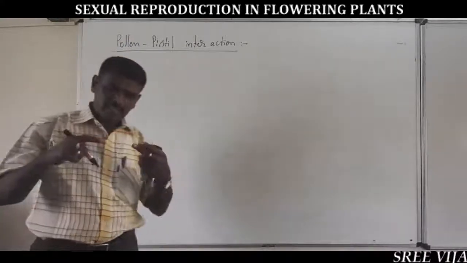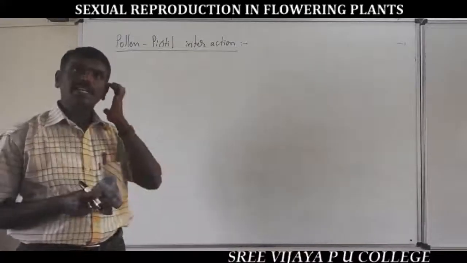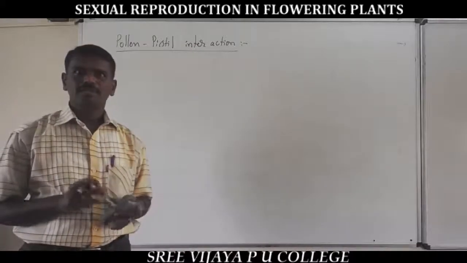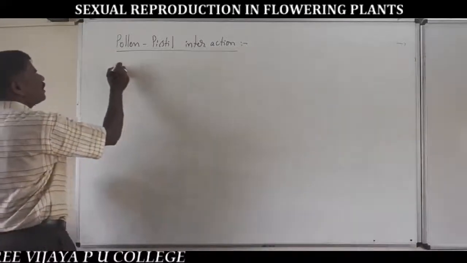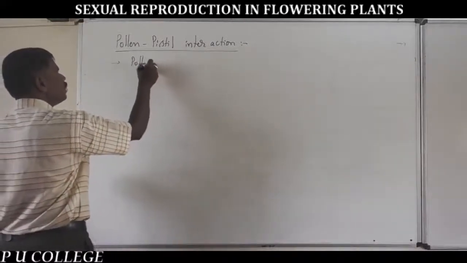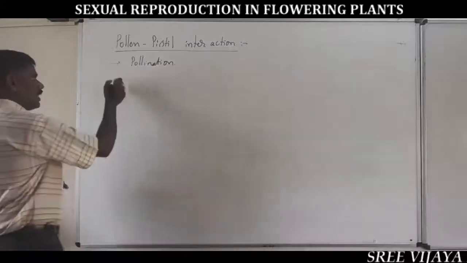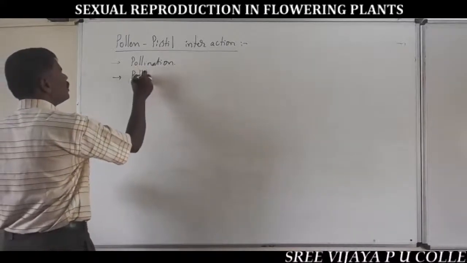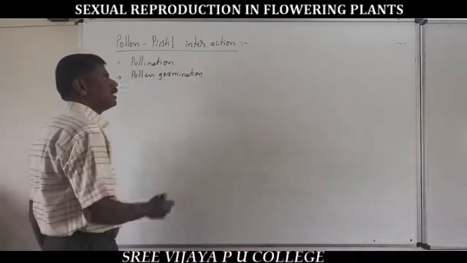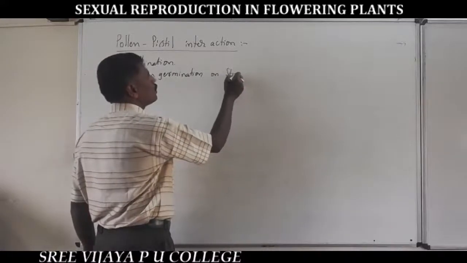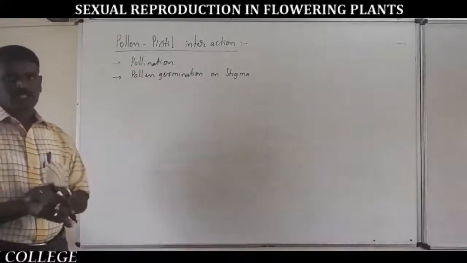So among the events which occur during pollen-pistil interaction, there are different interaction events. The first one is pollination. The second one is pollen germination on the stigmatic surface.